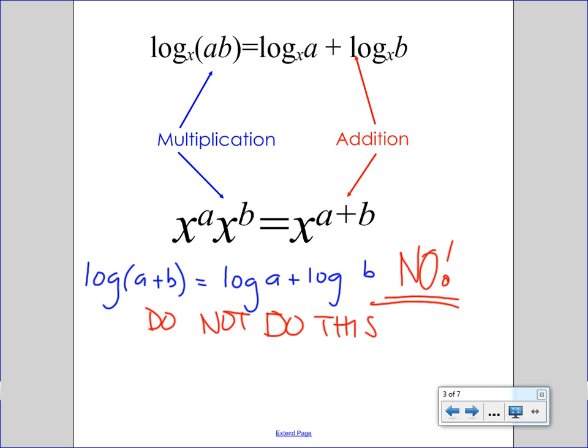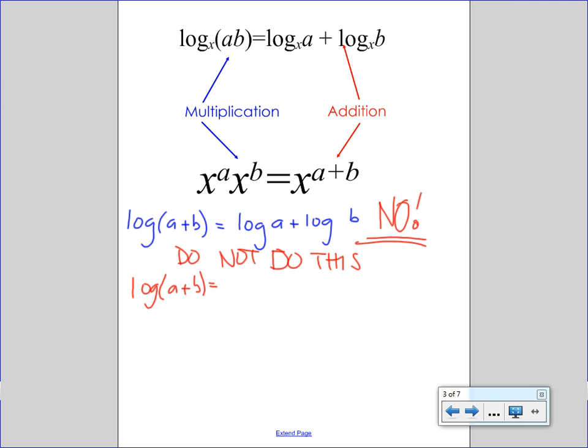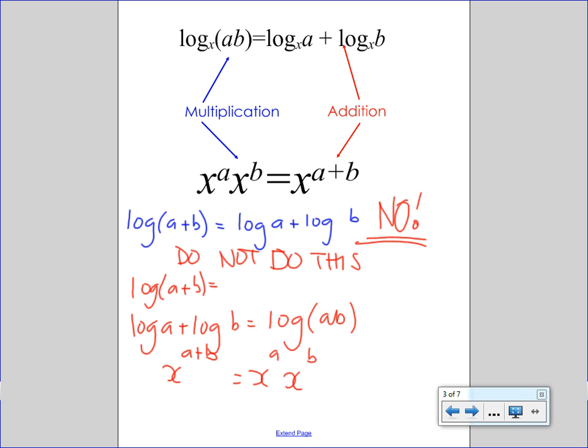I should make a really bad punishment for this. Do not do this. This is not true. Log a plus b doesn't equal anything. It just is itself. Still a log, yeah. Log a plus log b is log ab, in the same way that x to the a plus b is x to the a times x to the b, in the same way.